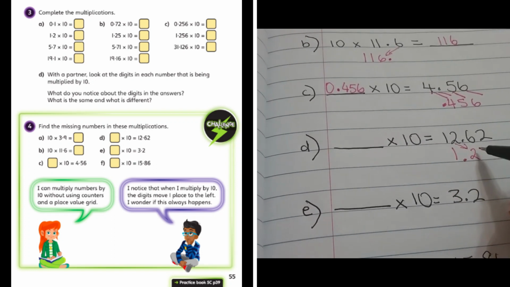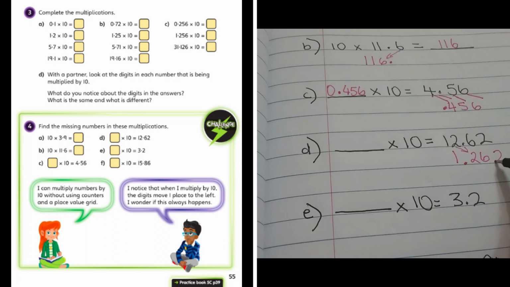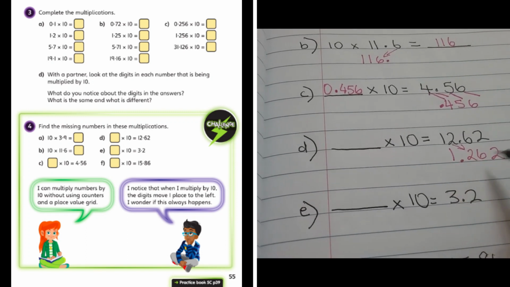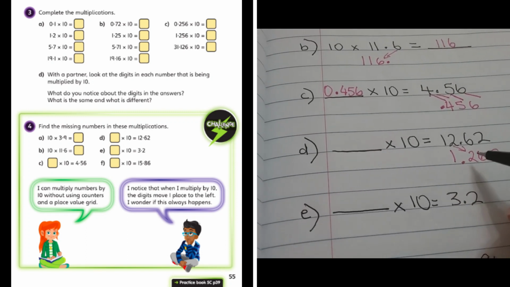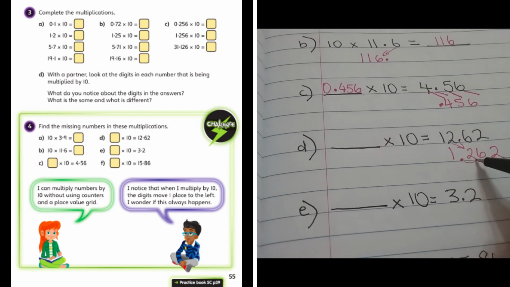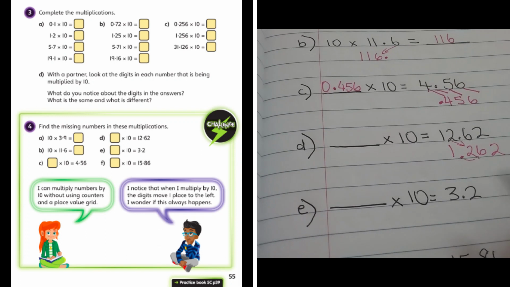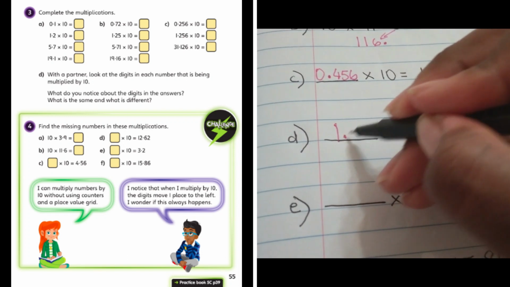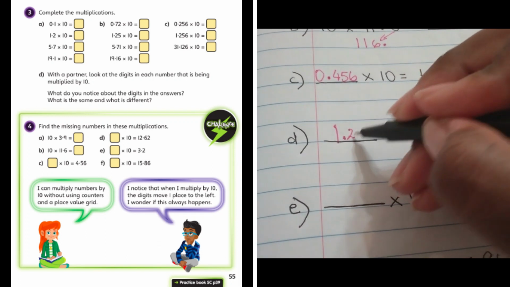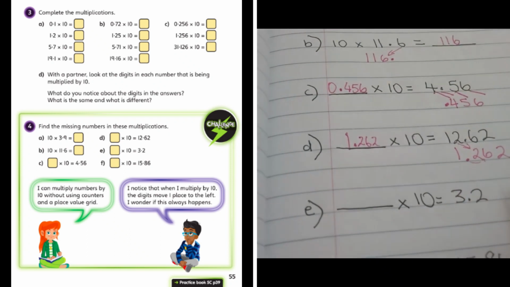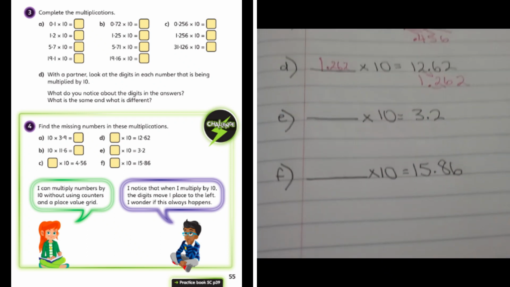The 1 was in front, followed by a 6, followed by a 2. 1.262. And I know it works because if I scooch this back that way, like I'm multiplying, I end up with 12.62. So 1.262 times 10 equals 12.62.